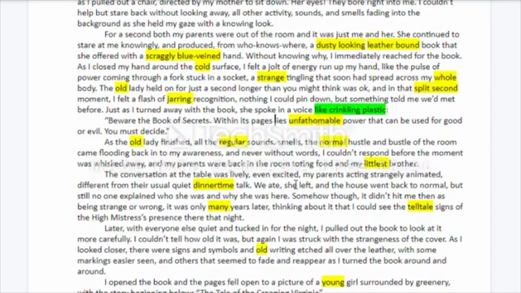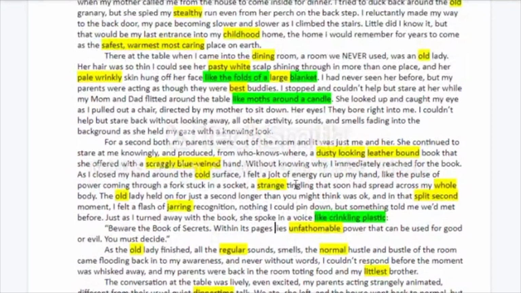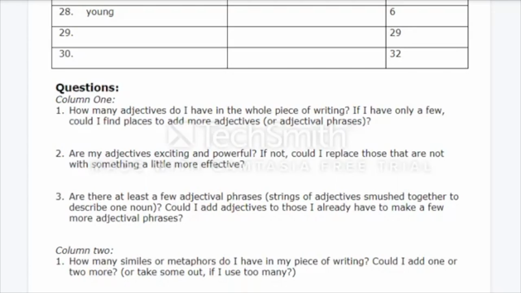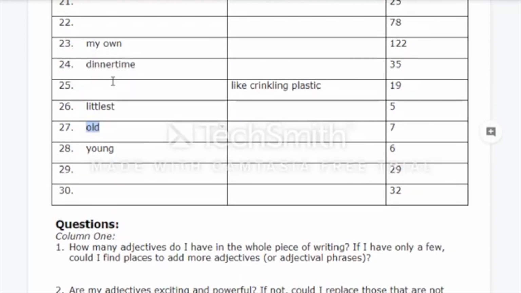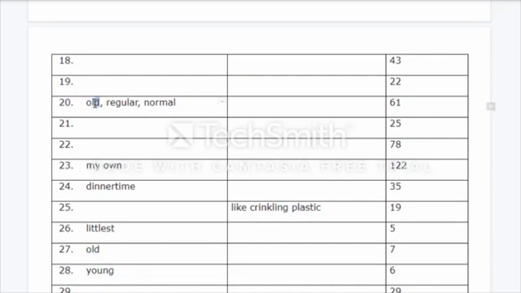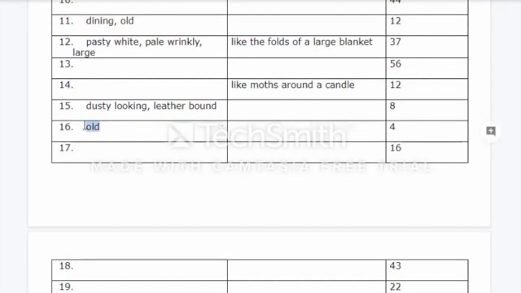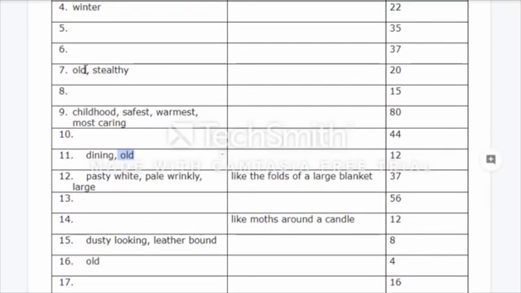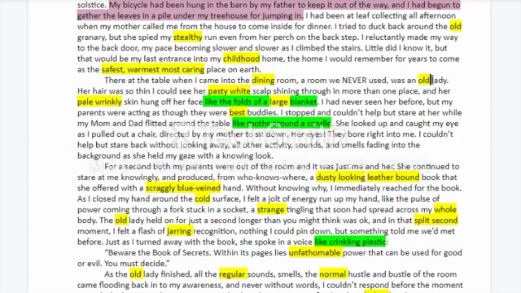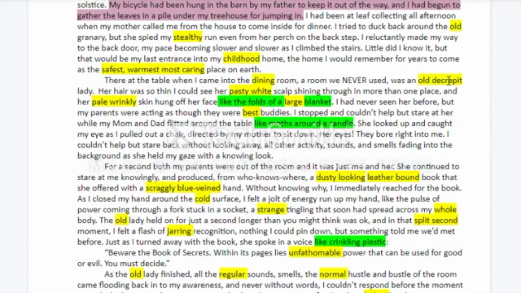The other thing we're going to notice is that if we look in the think sheet, I see old many times, and I'm wondering if there are times when I could change that to have some other word to make it more effective. I'm going to add in here decrepit. So an old decrepit lady.